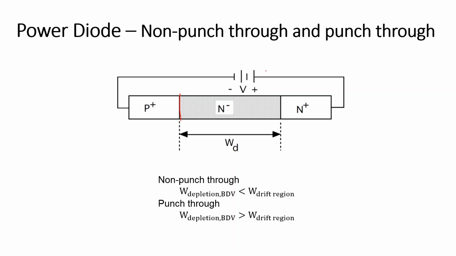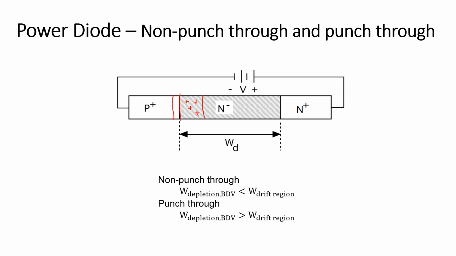So when we reverse bias a p-n junction, then the width of the depletion region increases. So there will be some depletion region in the p side and some depletion region in the n side. So here we'll be having positive charges which are not free to move, as is the case with any depletion region.